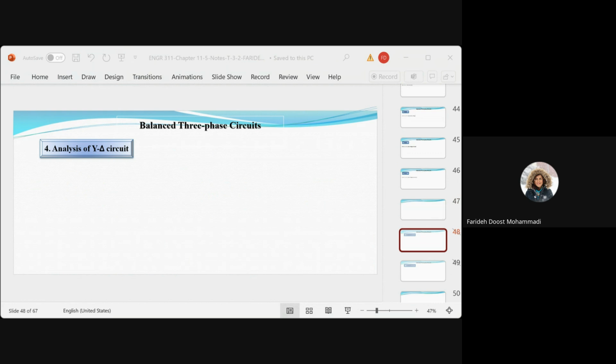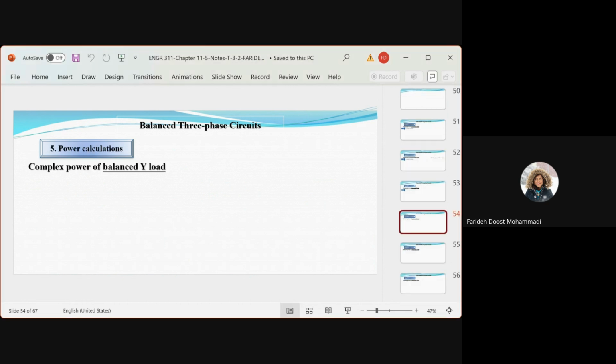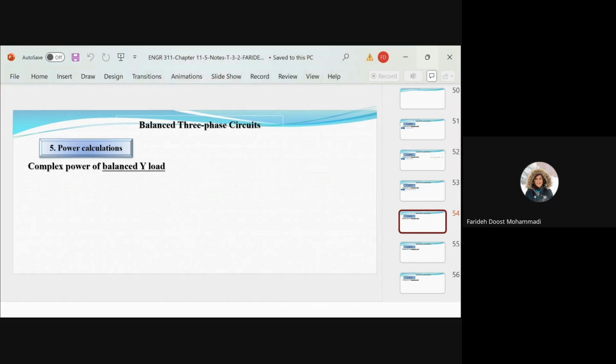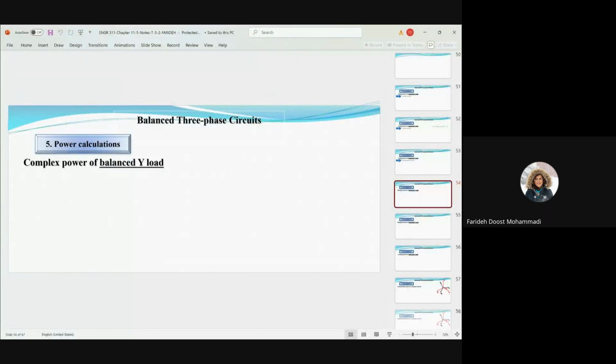Interesting. Now my pen is not working. Gosh. Okay, I think I have to close my PowerPoint because it doesn't let me draw on it. Just give me a couple of minutes.